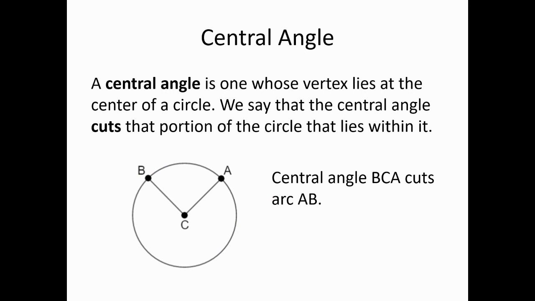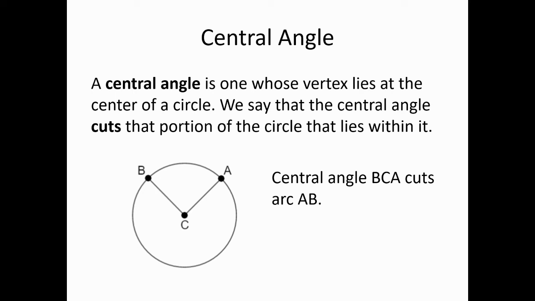Okay. Now, let us really build at this point. I talked a moment ago about bridges between previous chapters and this chapter that allow us to bring in results from previous chapters into this chapter. This is the most important one right here. Okay. A central angle. What is a central angle?